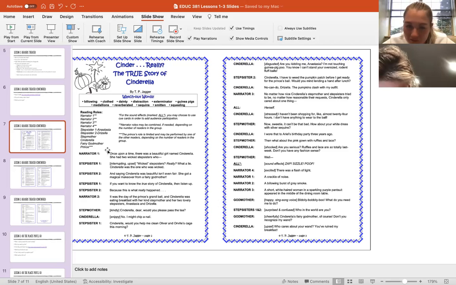I think that's me. Yeah, you. Bibbidi bobbidi boo. What do you need me to do? Who in the world are you? Cinderella's fairy godmother, of course. Don't you recognize my wand? Who cares about your wand? You ruined my breakfast.